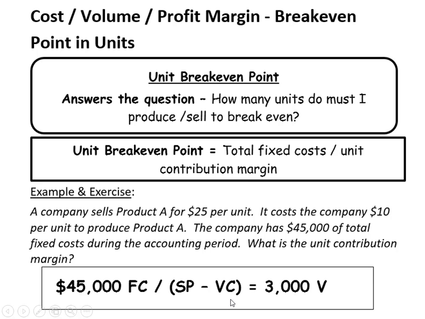Now I didn't insert those in there, but you can assume it was a $25 selling price minus my $10 variable cost. That leaves us with a unit contribution margin of $15 a unit. So if we divide the $45,000 fixed cost by the unit contribution margin of $15 a unit, that results in a volume of 3,000. So what that would mean is we would need a volume of 3,000 units in order to break even.